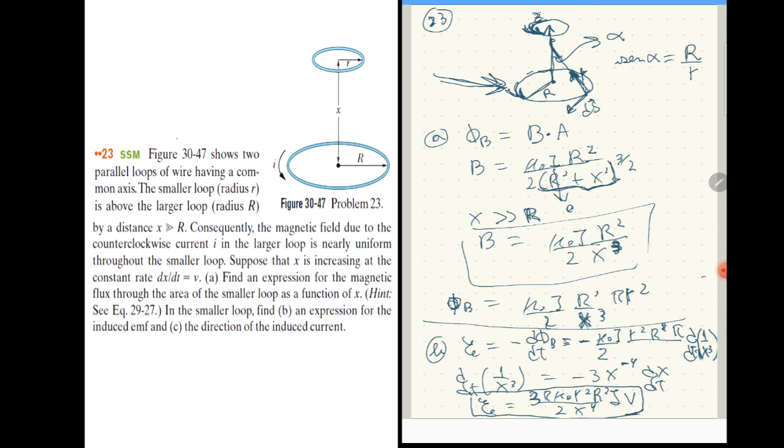If you have a current in this direction, the magnetic field produced by this coil will produce a flux that will sum with the flux of the bigger coil. So the flux will not stay constant, but will try to stay as constant as possible. This is a way to think about it.